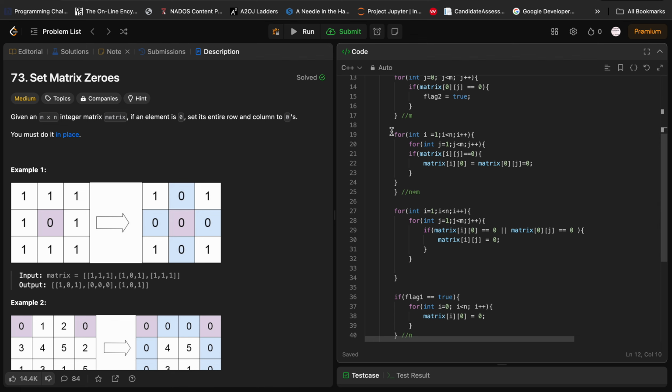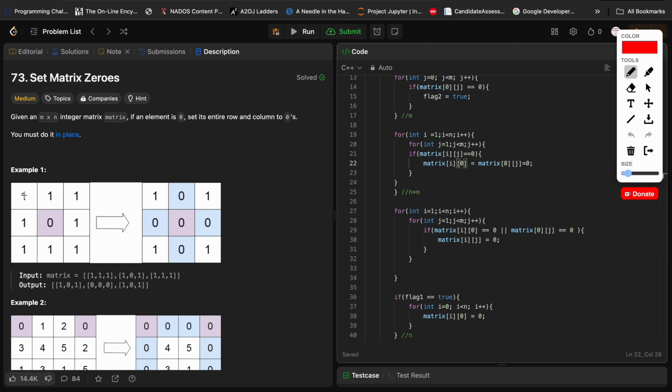Similarly, we iterate both row-wise and column-wise. So if matrix i, j is 0, then matrix i, 0 and matrix 0, j are marked as 0, like in this case.